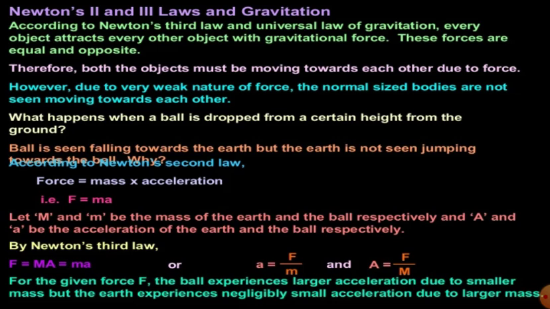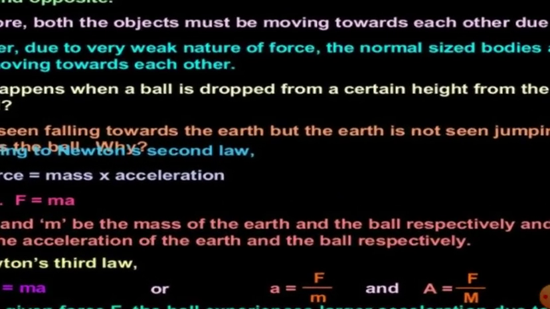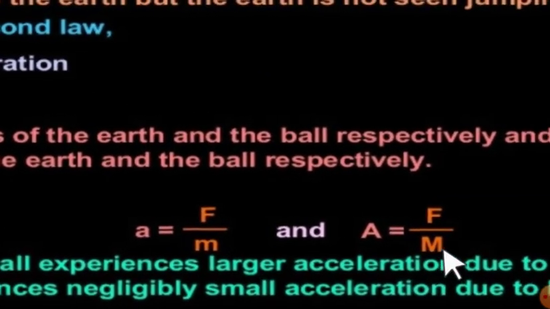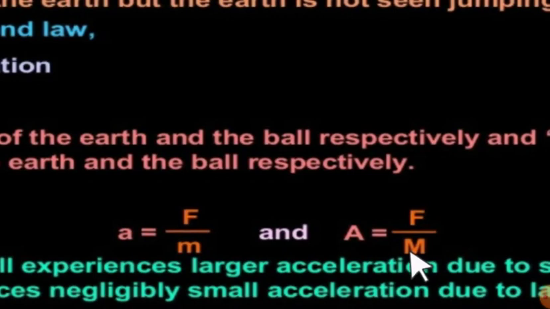Let's take the mass of the ball as small m, and the mass of the earth as capital M, because capital means large. The force experienced by the ball due to the gravitational force of the earth, as it is mutual, will be the same.